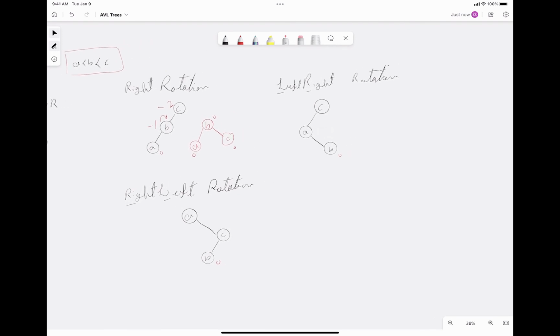Now look at the third scenario that can happen, where we have inserted maybe node C and then node A, and then we inserted node B. The node C for sure is greater than both A and B, and as you see here, because B is greater than A, B is the right child of A. In this case, again, let's write down the balance factors. We have 0 for B for sure because it's a leaf.